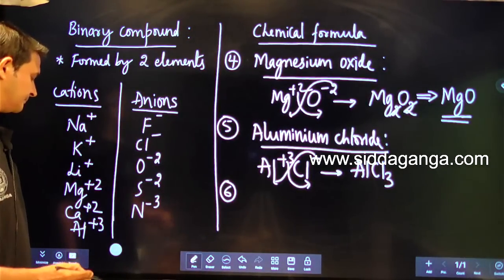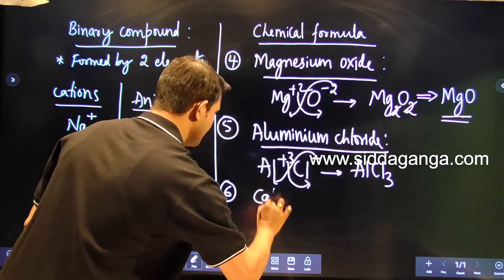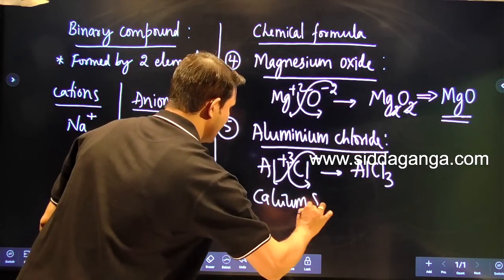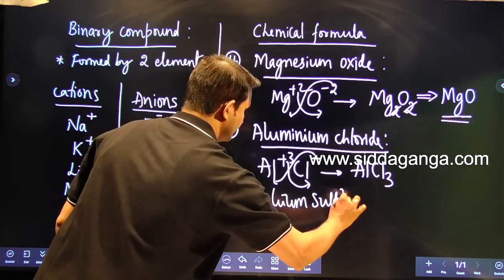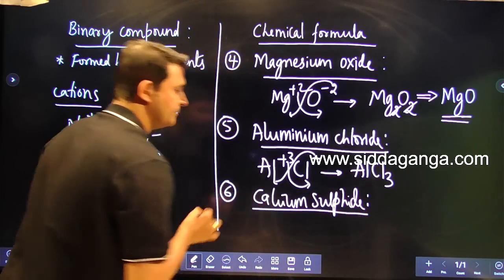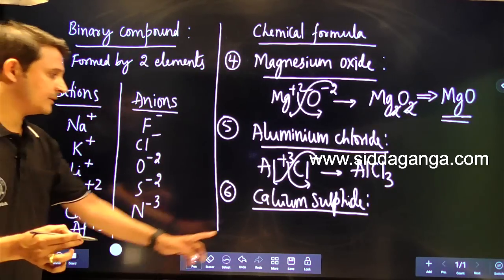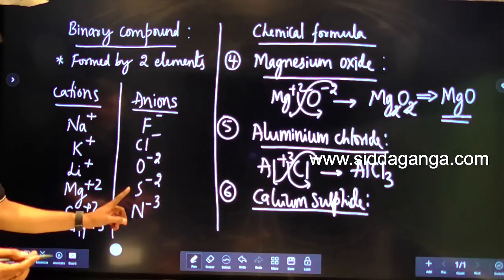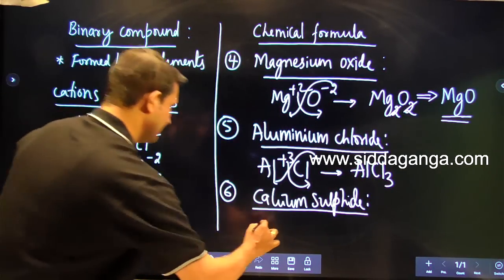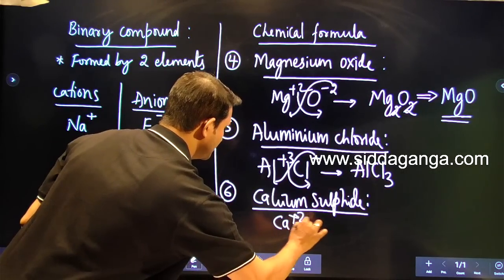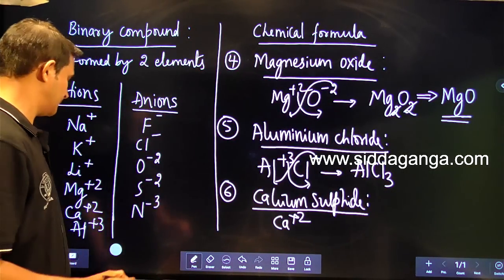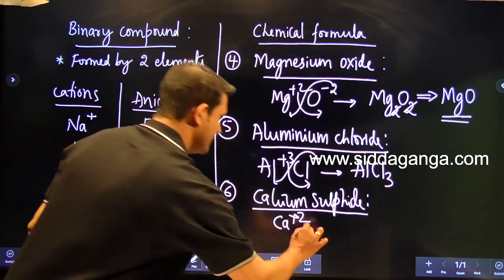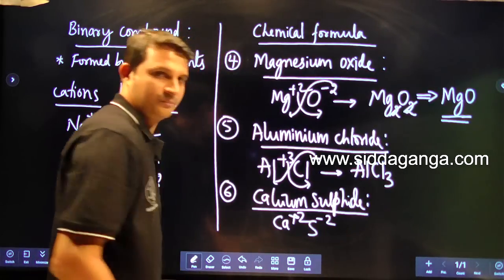Next one, calcium sulfide. Sulfur is given the suffix IDE, sulfide. Here calcium is Ca plus 2, and sulfide is S minus 2.